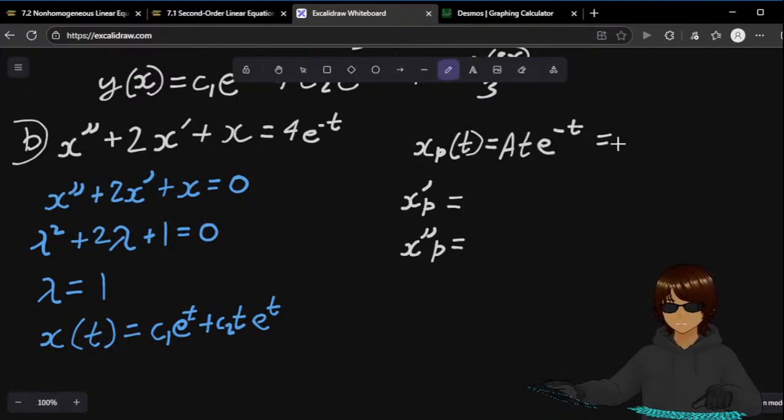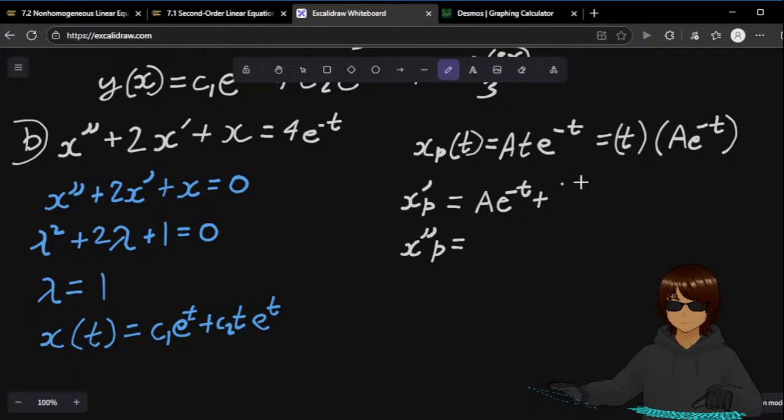So we have derivative of the first, which is just t times the second, less the first times the derivative of the second.